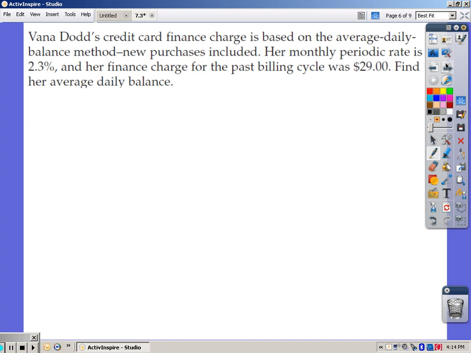Since we know the interest rate and the finance charge, all we have to do is take the finance charge is equal to the interest rate times the average daily balance. Okay?